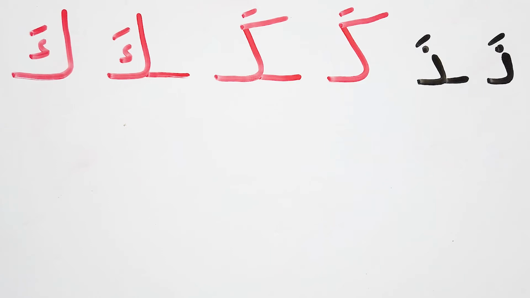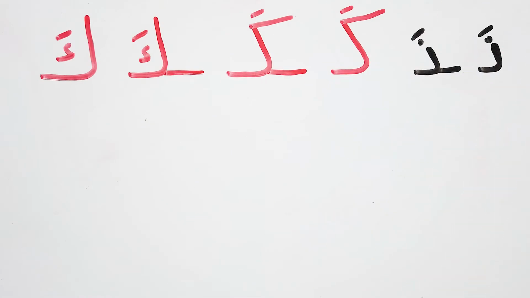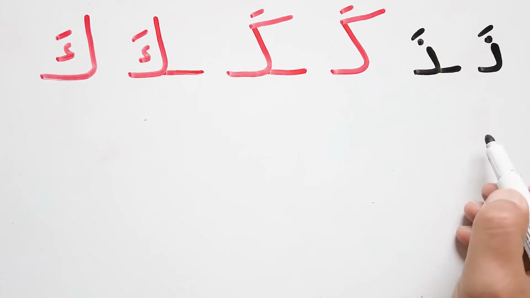Let's write down the 5 words, the ones that we combine each class. The first word, it will be the ka, the ka. Pause the video, try to write it, and then come back to check with me. The ka. Let's see.